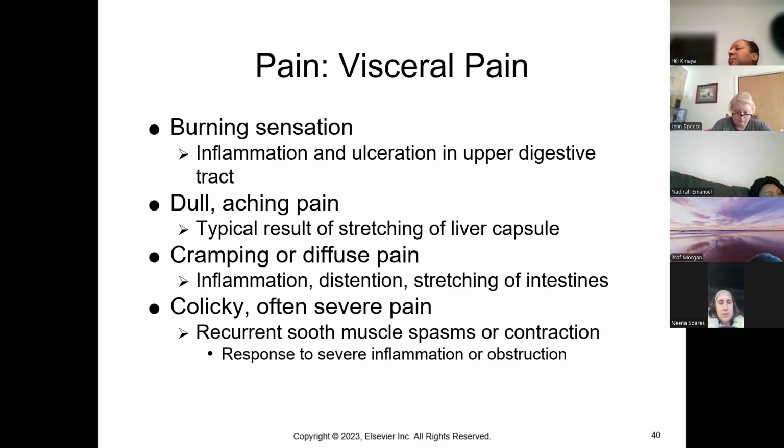Colicky pain. Colicky pain is severe pain that comes from recurrent smooth muscle responses. Usually there's some sort of obstruction there, like a stone, and the body's trying to get rid of it, like a gallstone. And that causes that colicky pain, that severe pain. Better know that one.